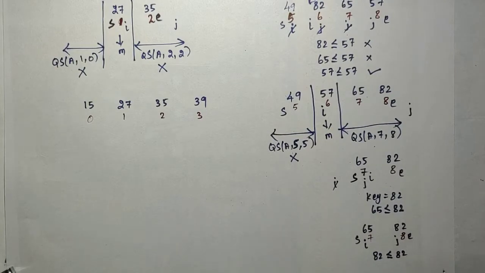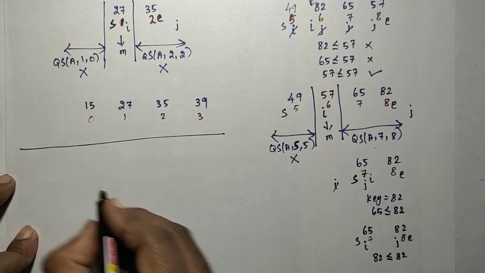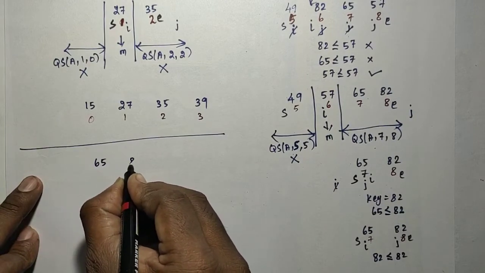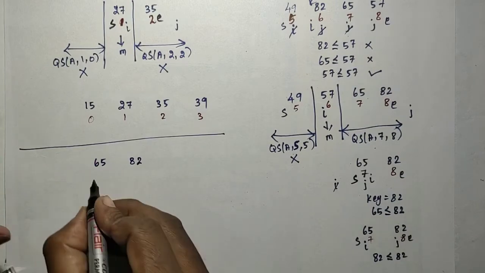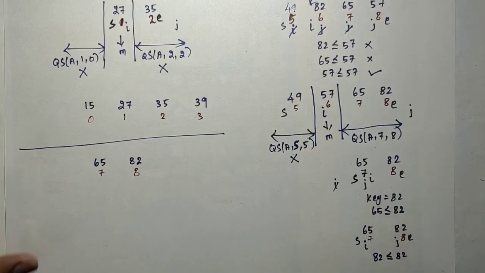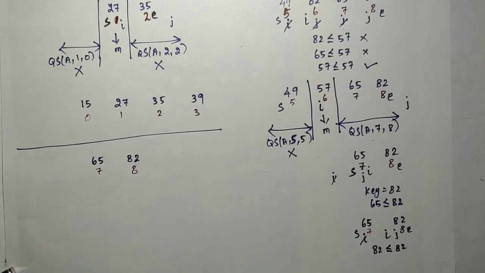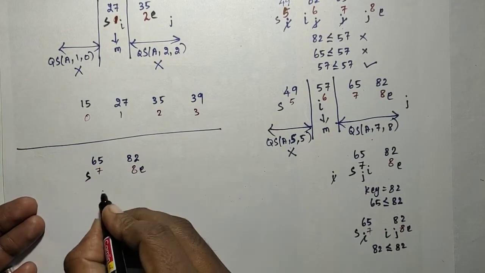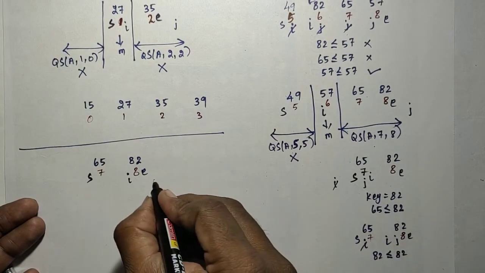So with 65 and 82 at indices 7 and 8, I gets incremented and swapping happens. It means there is no change, 82 will be in the same place. So S, E, and I is moved here, and in the next iteration j will be moved to the next one. So this is the j.